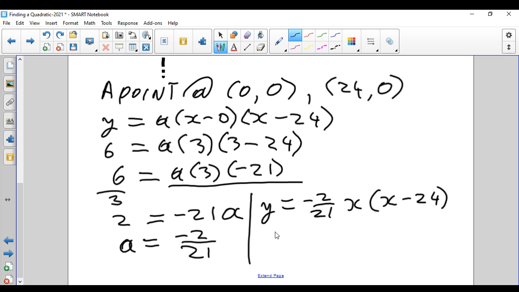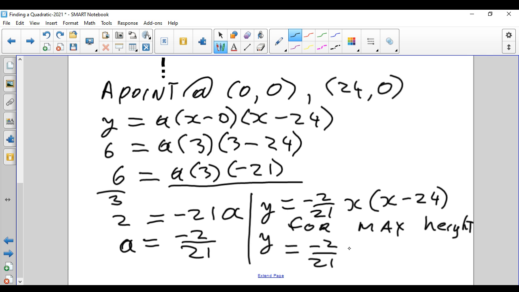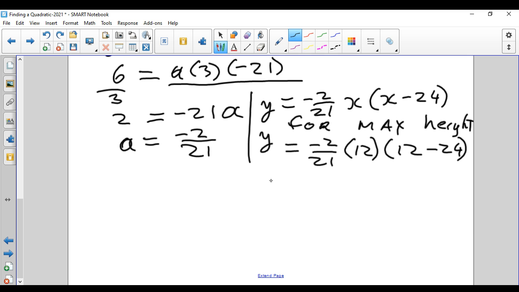So we'll do that. We'll say that y equals, so this is for the max height that we're trying to figure out now. So y equals minus 2 over 21. The x that we're using, we said, was 12. And then the x again is 12, so 12 minus 24. Okay. So let's do a little math here.